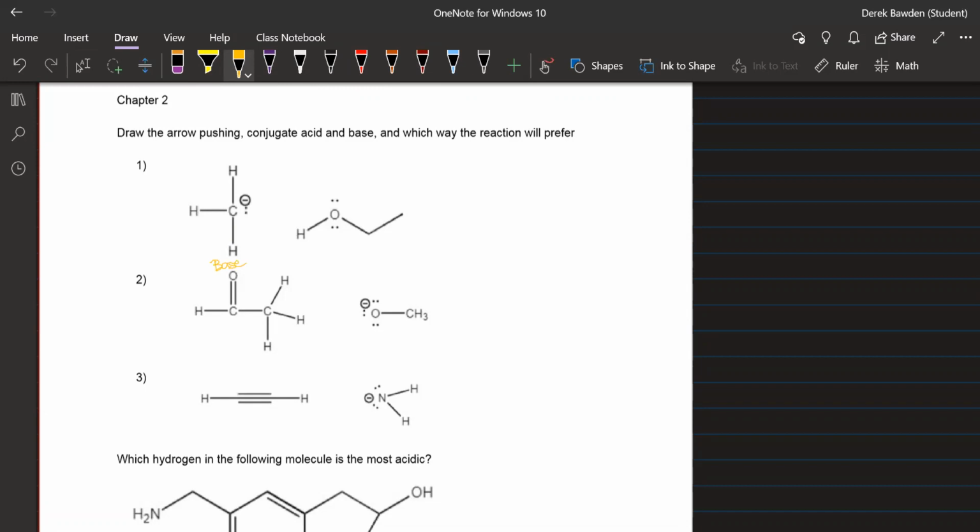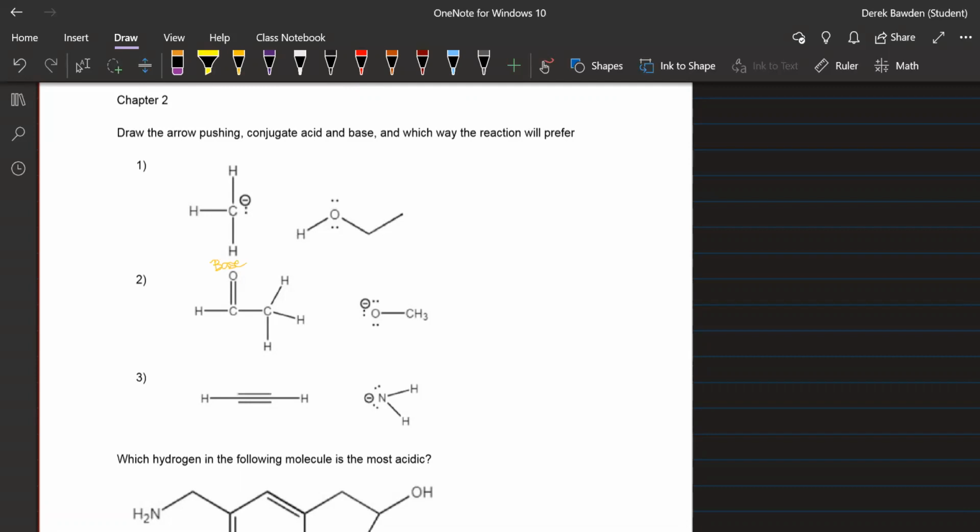A way to know if something is a base, commonly they'll have a negative charge on them, okay? Or there'll be a partial negative, meaning that something is pulling electron density in a certain way, and so it's going to be more negative, if that makes sense, okay? So look for a negative charge.